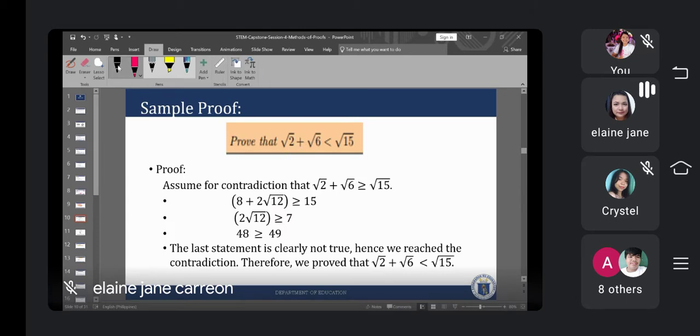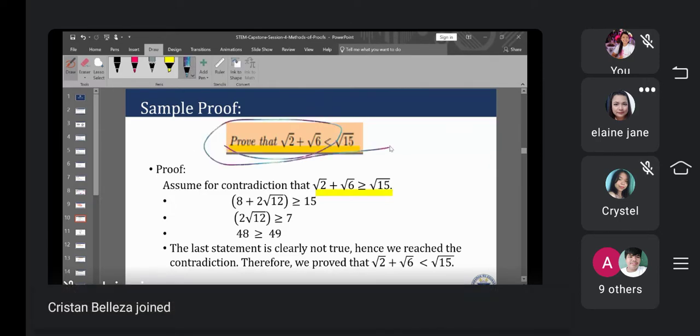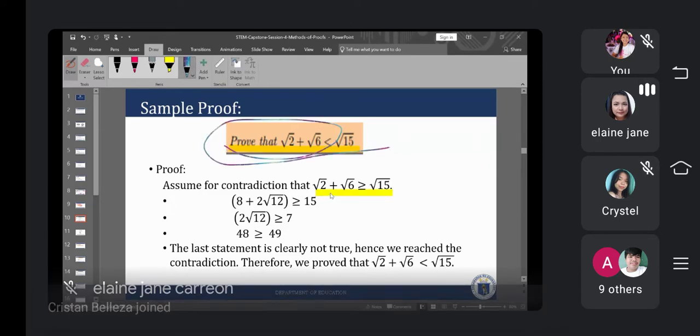Okay? So, this is our statement contradicting to this one. Ito, to this one. So, square root of 2 plus square root of 6 is greater than or equal to square root of 15. So, this is our proof.